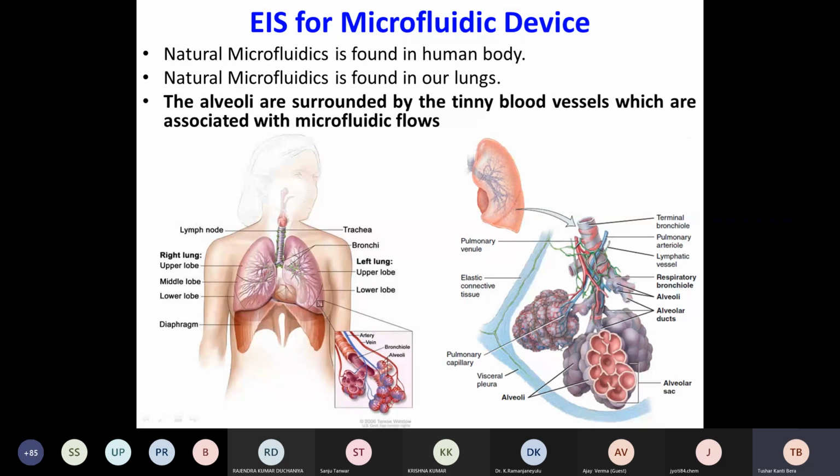Natural microfluidics are found in the lungs, where the air, meaning the carbon dioxide and the oxygen, are exchanged for purifying the blood. These are the microfluidic vessels, the tiny blood vessels which surround the alveoli in the lungs.